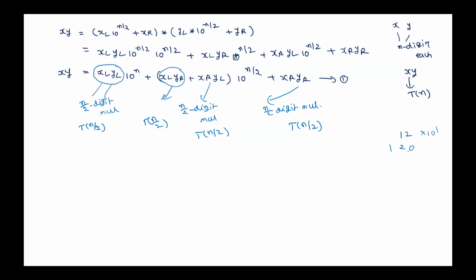If I shift two times, with 2 zeros, this is nothing but 12 into 10 square. That means in order to multiply with 10 power n, we need not do any actual multiplication. Only a shifting operation is performed. Similarly, here also it is a shifting operation. But how many times do we need to shift here? N times shift. Here n by 2 times.